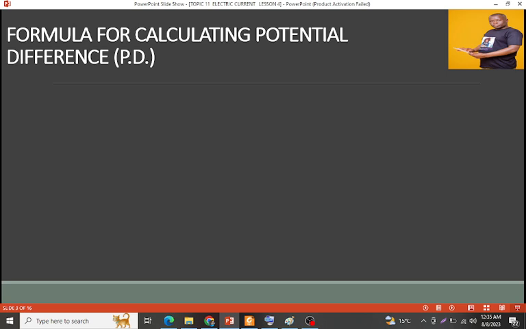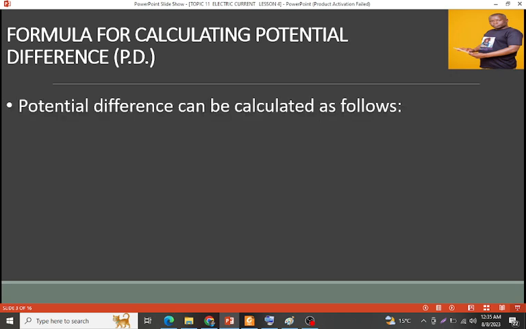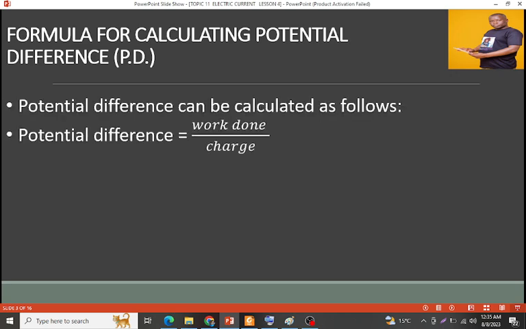You can calculate the potential difference or the voltage in a circuit by making use of a formula. Potential difference is equal to work done divided by charge.